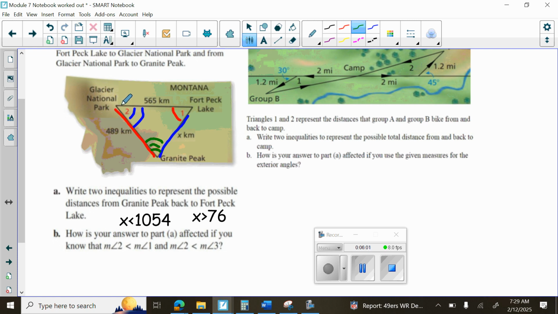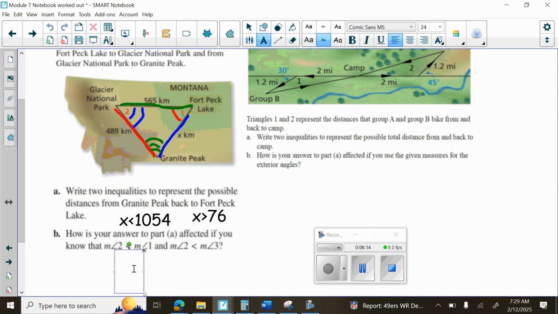So that means, what do we know about this side? That's the biggest side. So if they're telling me that, how does my range for x change? What's the smallest x can be? Because x represents this side, right? So we know that x is bigger than what side? It's bigger than 49, right?